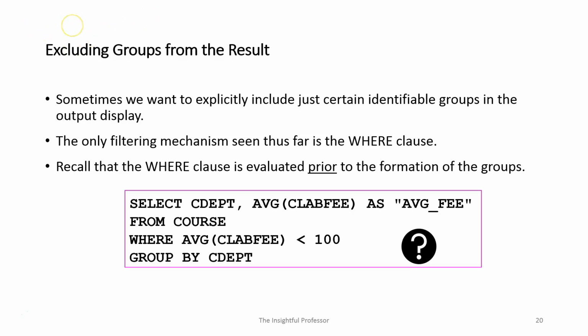The where clause is evaluated before the group is formed, hence before the aggregate function is applied. So logically, it makes no sense to put a condition in the where clause that checks the average lab fee against a value, because at the time the where clause is evaluated, we have no idea what the average is because we haven't even formed the groups. So hopefully that makes sense. Try to run this query and you'll confirm that it will not work.